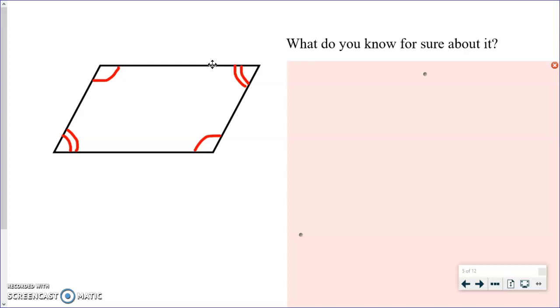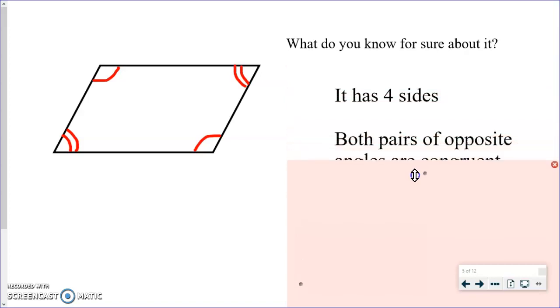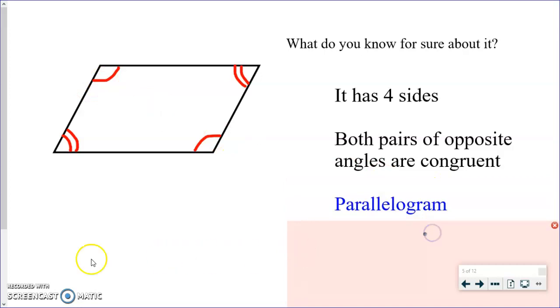Don't waste a whole lot of time trying to prove that something that's obviously not a square is a square. So this one, if you took a guess at what you think it might be, that might steer you in the right path. But again, we know it's got four sides, and these congruence marks are showing that both pairs of opposite angles are congruent. And that's it. So, parallelogram.